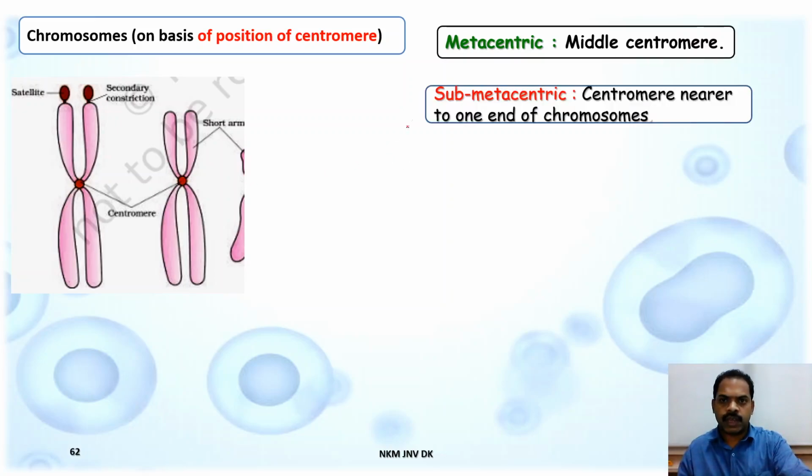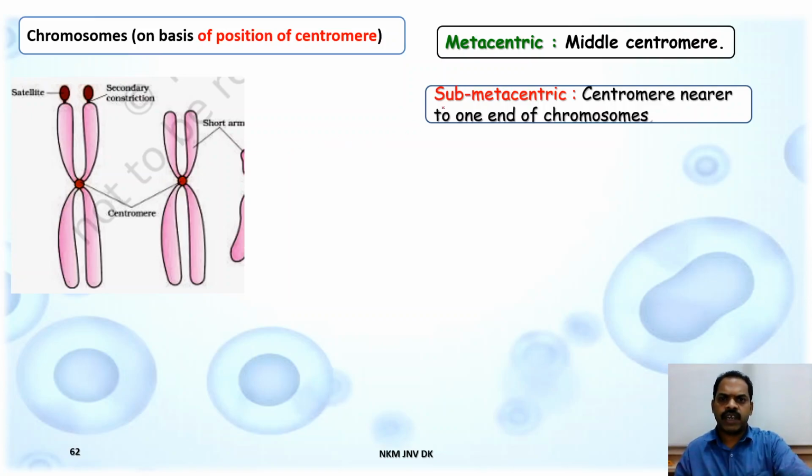The first type is metacentric. Metacentric means chromatids are almost equal in size on both sides. The primary constriction, the centromere, is in the middle. That is called metacentric. Classification is a commonly asked question.